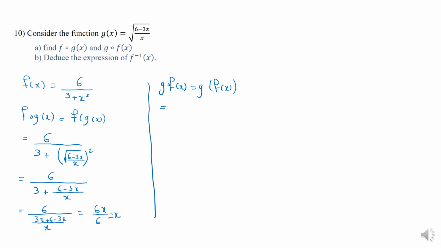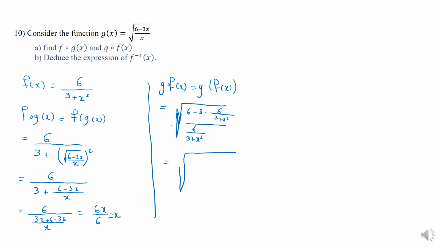So it's equal to radical 6 minus 3 times 6 over 3 plus x power 2, over 6 over 3 plus x power 2, all under the radical.